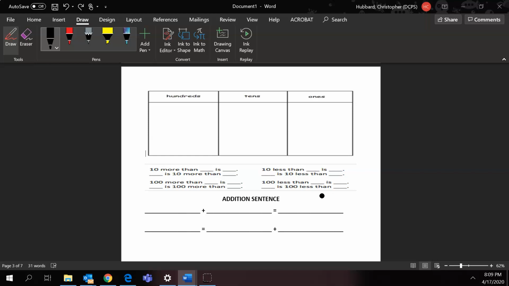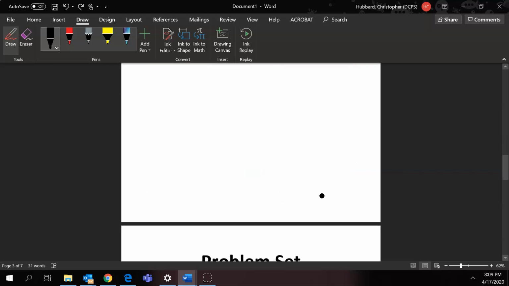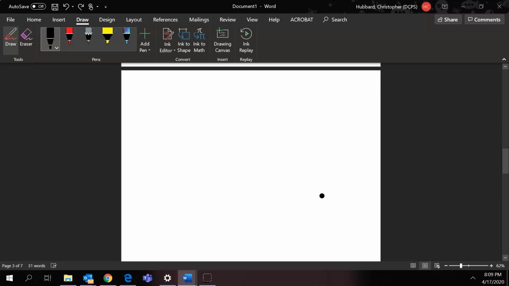All right, so now we're going to work on one more thing. So you can either flip your paper over or get another piece of paper. Either way is fine. But this time I'm going to write some numbers onto my board. And when I say go, you guys are going to fill in the blanks and then tell me what rule we're following. All right?